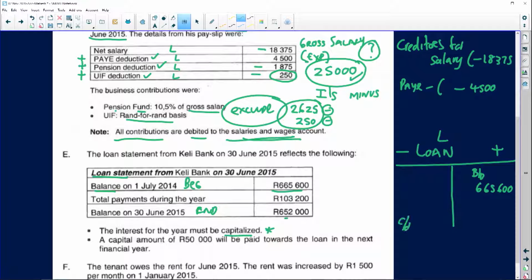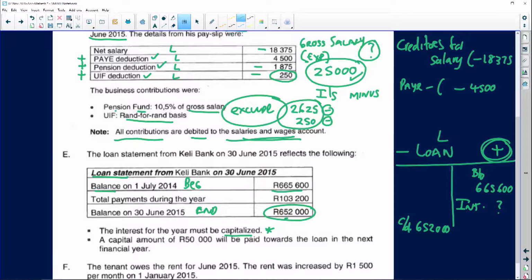At the end of the year, my loan is now sitting at 652,000. Interest is capitalized, means interest is obviously added to your loan. So the interest is the amount that is not given to me, and I'm going to put a question mark. That's what I need to calculate. What was the interest added to my loan for this financial year?